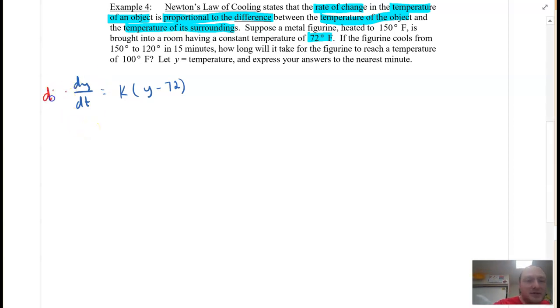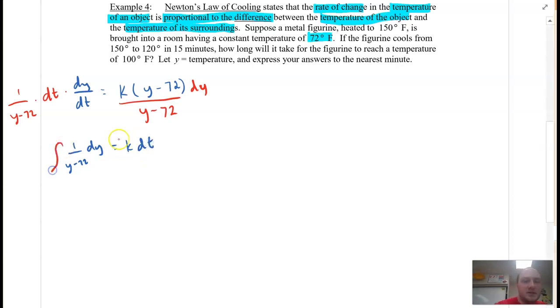So I'll multiply both sides by dt, and I'm going to bring my y's over. So I'll divide by y minus 72 on this side, and what we get is 1 over y minus 72 dy is equal to k dt, and we're going to integrate to give us an equation.